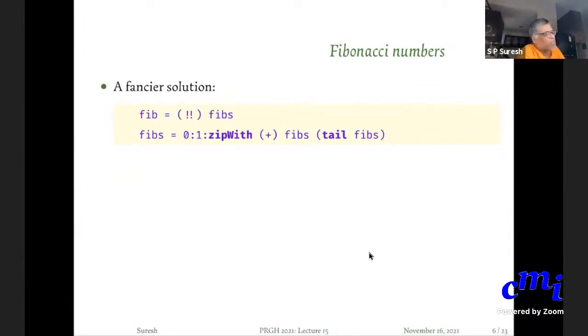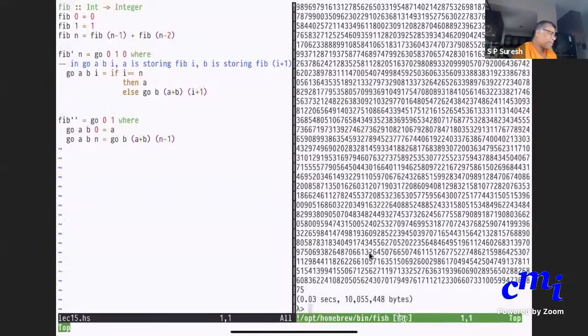And the way you do it is, we'll try to derive this actually rather than show it this way. If I derive this, then it will be clear to you what is happening. Fibs is nothing but fib i such that i ranges from 0 onwards.